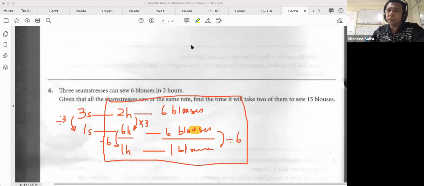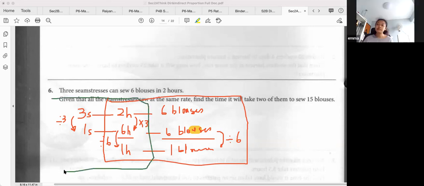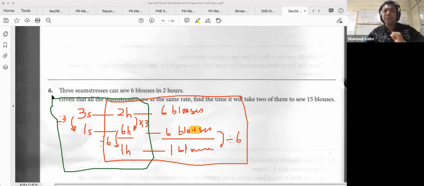Then from here to here is indirect proportion. This is where it becomes a little bit complex. Between seamstresses, you have more seamstresses, less time. Fewer seamstresses, more time. Can you see indirect?